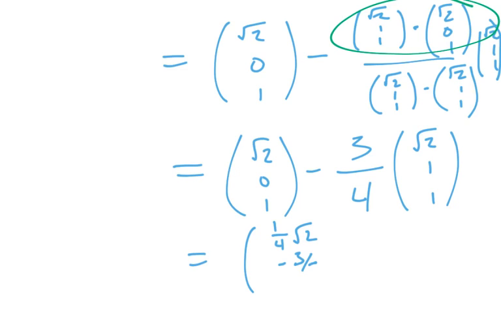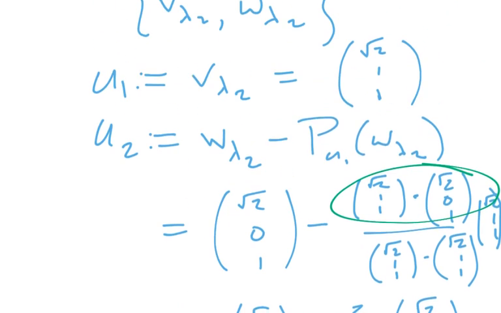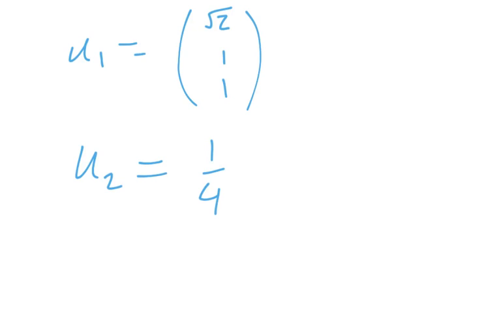Minus 3/4. Downstairs, we've got 1 minus 3/4, which is 1/4. I'm just going to factor a 1/4 out of that. This is root 2 minus 3, 1. So that is u2, this vector, 1/4 of root 2 minus 3, 1. So we've got u1, which is root 2, 1, 1. u2 is 1/4 of root 2 minus 3, 1.